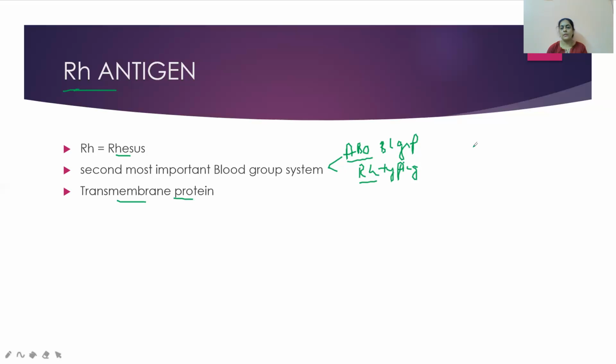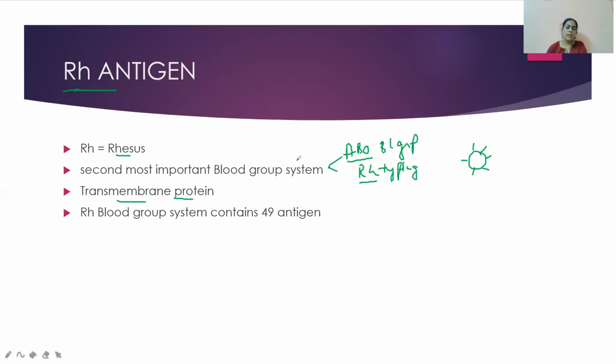Suppose this is the RBC, this is just a graphical representation. The RH proteins are present on the RBC membrane. So these are the RH factor, RH antigens. These are nothing but proteins present on the RBC membranes.